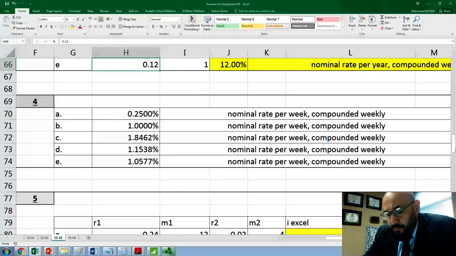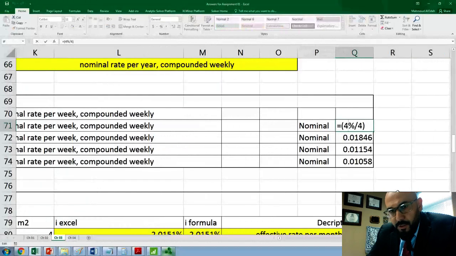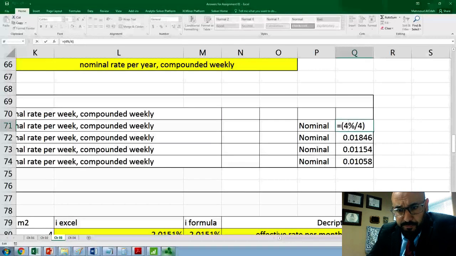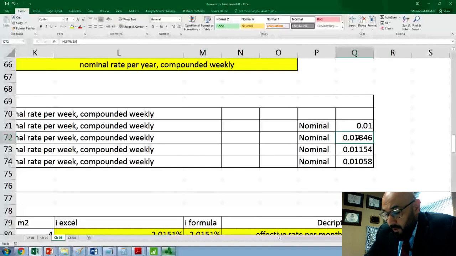Now for part B, nominal rate of 4% per month, and we need to find the nominal weekly. So we say, okay, how many weeks per month? That would be 4% per month divided by 4 weeks. The nominal rate per week is 1%. Now for part C, nominal rate 24% per quarter, and we need to find the nominal per week.